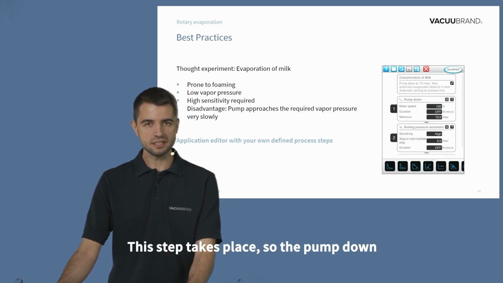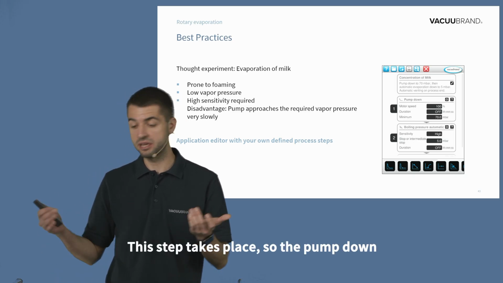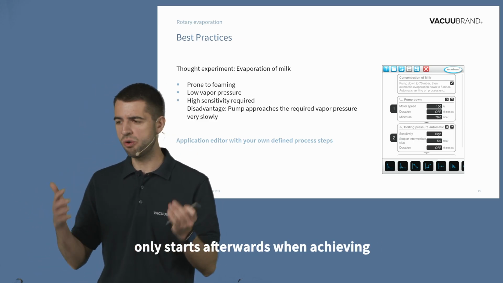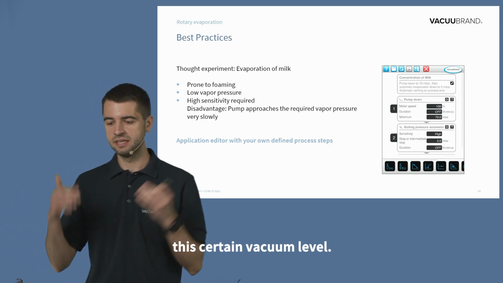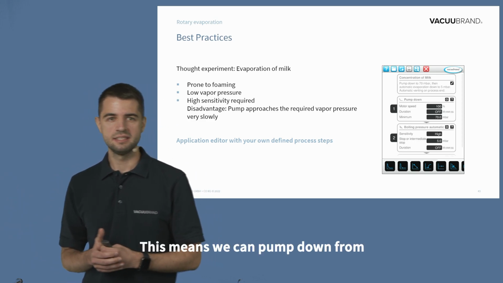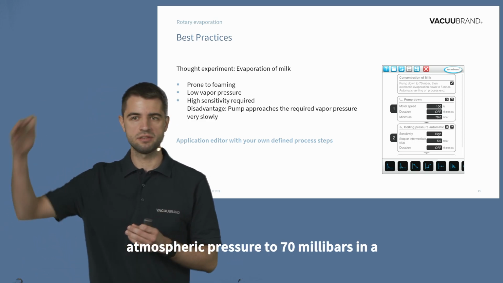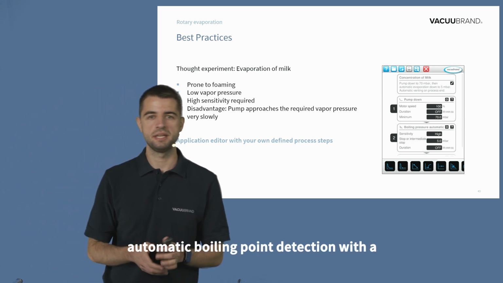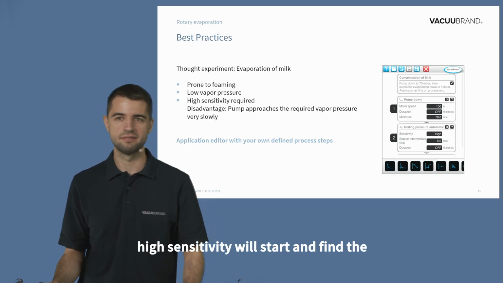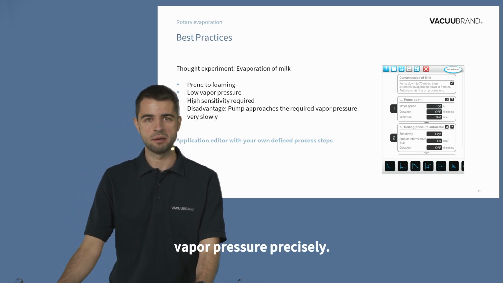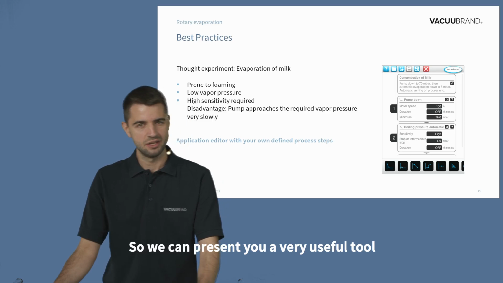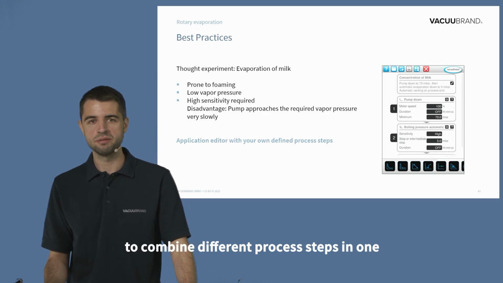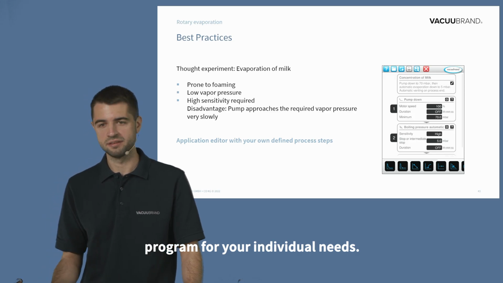The pump down then takes place at maximum speed, and the automatic boiling point detection only starts afterwards when achieving this certain vacuum level. This means we can pump down from atmospheric pressure to 70 millibars in a very fast fashion, and then only the automatic boiling point detection with a high sensitivity will start and find the vapor pressure precisely. So, we can present you a very useful tool to combine different process steps in one program for your individual needs.